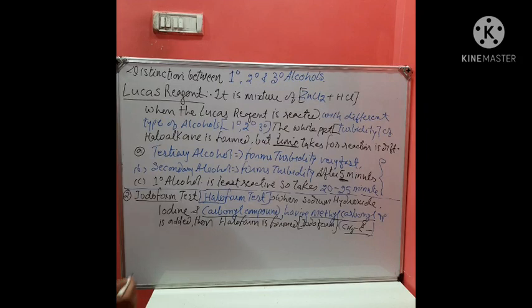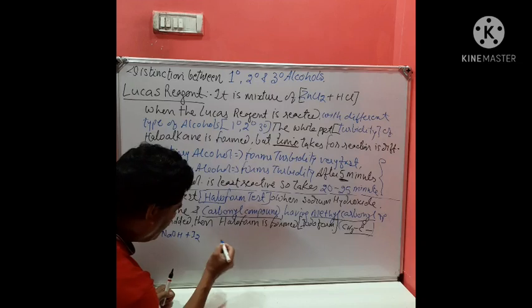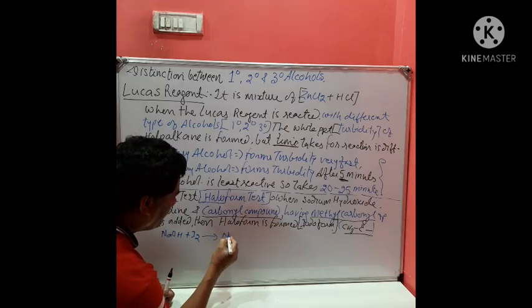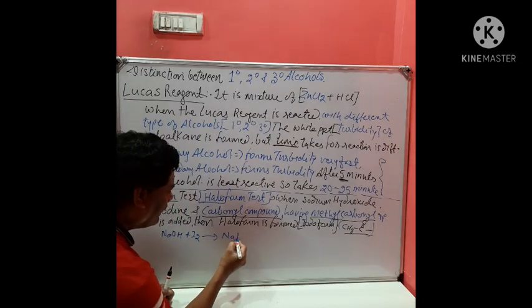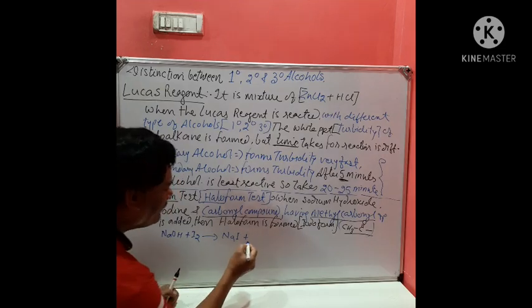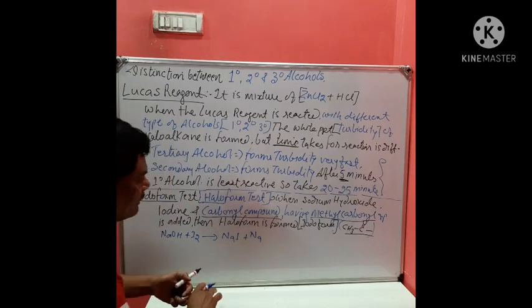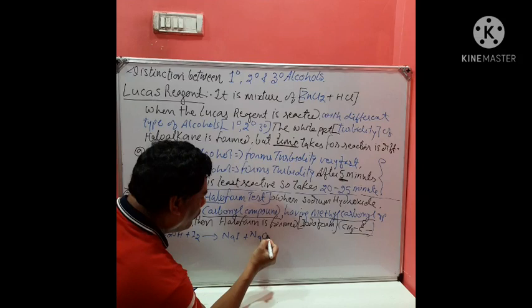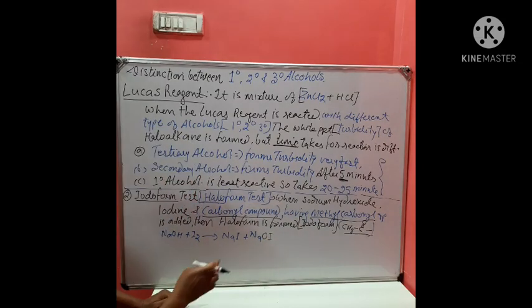How does the reaction take place? When sodium hydroxide is reacted with iodine, first it forms NaI plus NaOI. This is called sodium hypohalite.